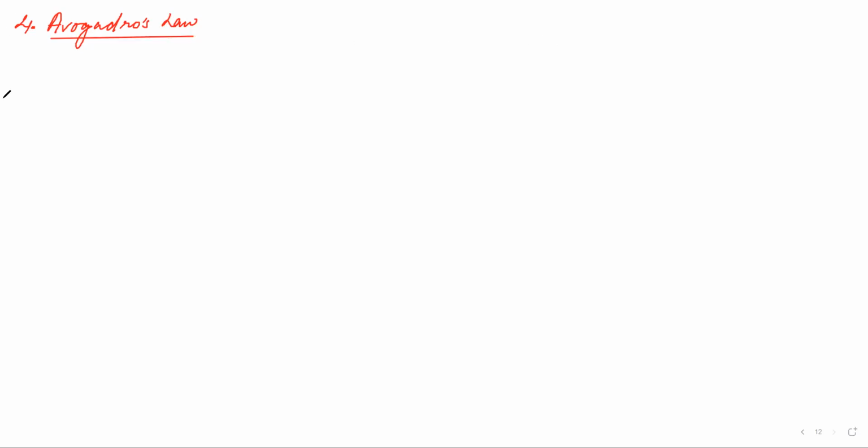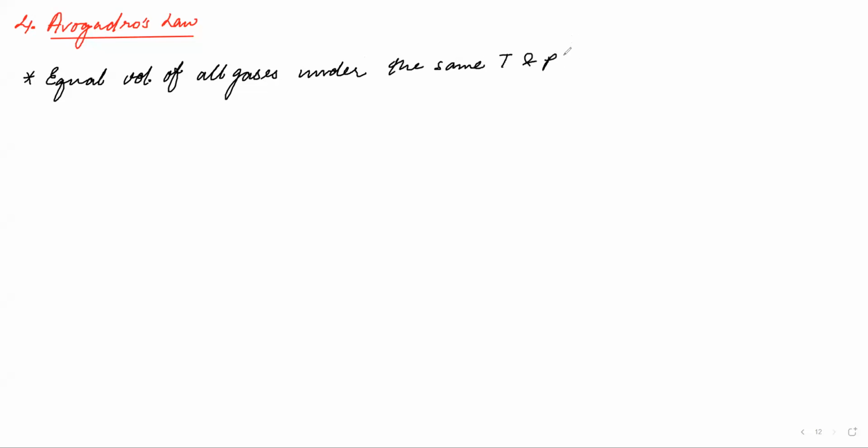It states that equal volumes of all gases under the same T and P, that means temperature and pressure constant, will contain equal numbers of molecules.